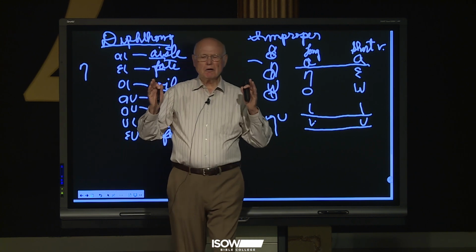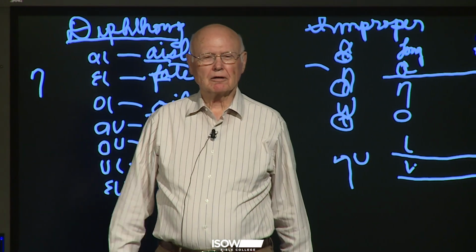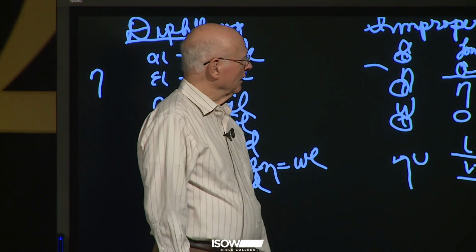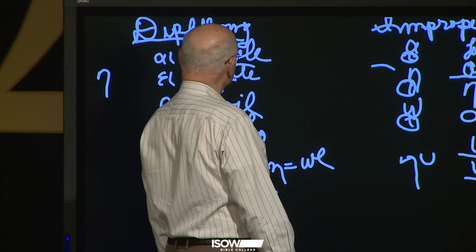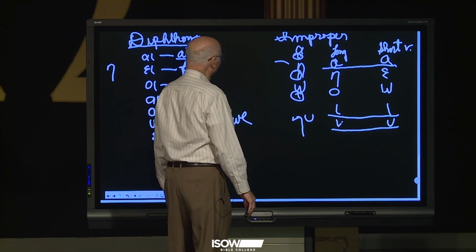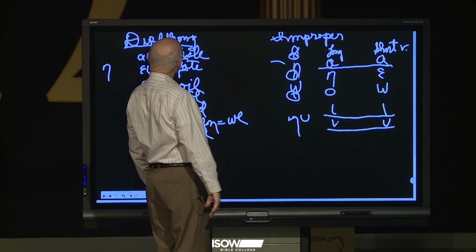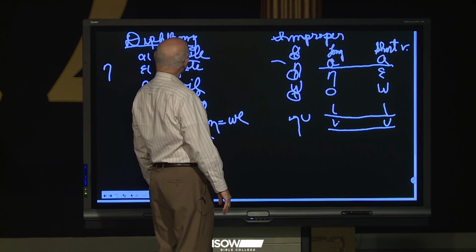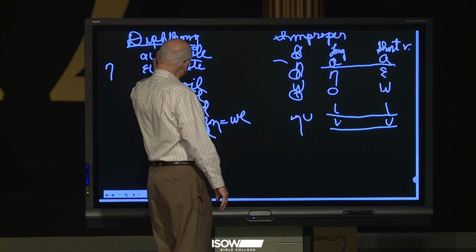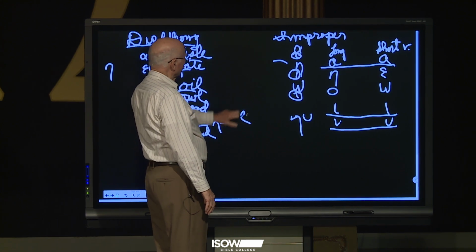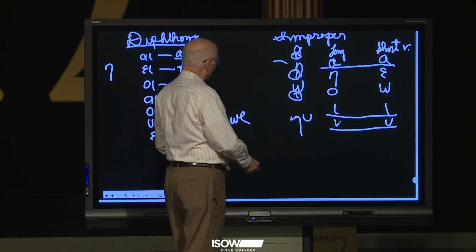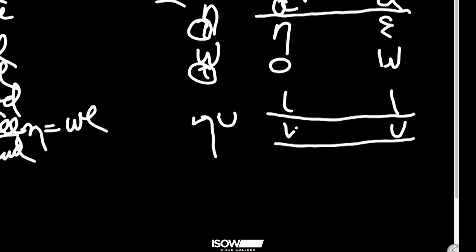But when you blend those together with other sounds in a word, it is difficult to distinguish by ear. So those are the diphthongs, the proper diphthongs, and then the improper. And this is an unusual one that we will not have to work with for some time.